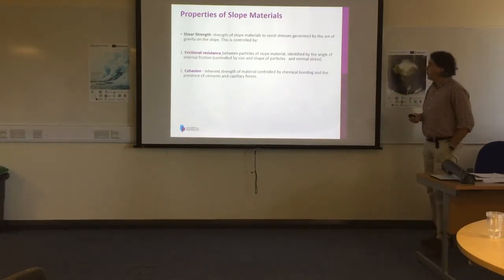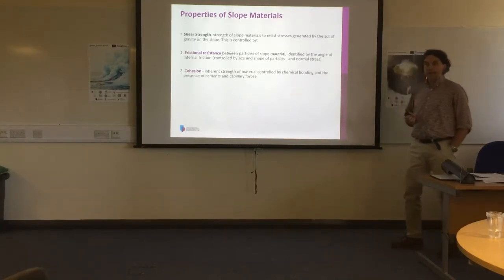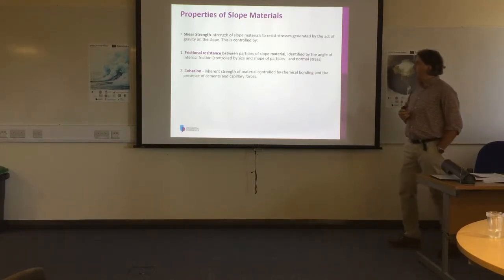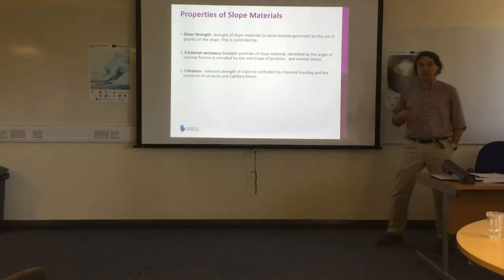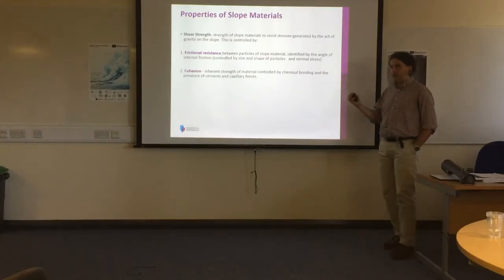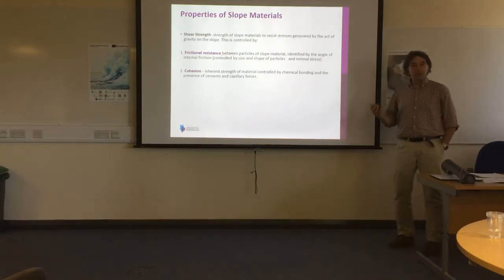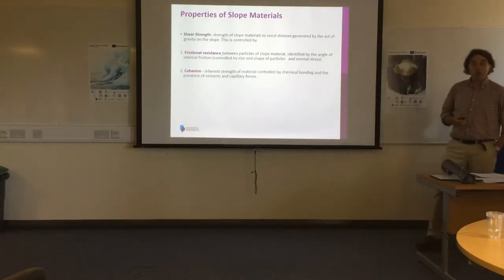To prevent shearing, a slope has inherent strength conditions. The first is friction, which we term the frictional angle of the slope, and then some internal strength called cohesion. All slopes have cohesion and friction in them, and those two things give a slope a certain amount of strength. Most slopes will be resisting movement because of those inherent properties of the material.